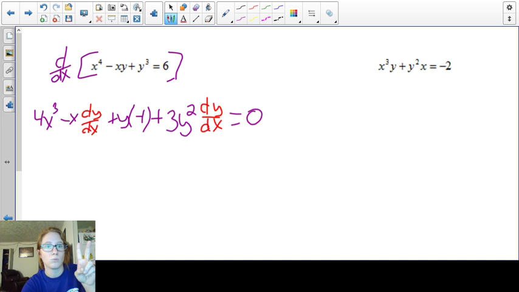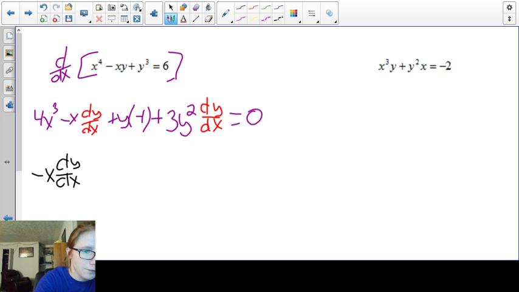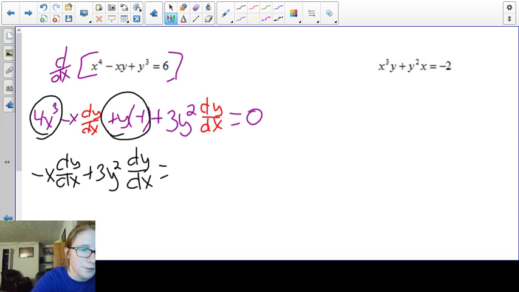Step 2, get all the dy dx's on one side and everything else on the other. So I have -x dy dx plus 3y squared dy dx is equal to, this guy's moving and this guy's moving. So minus 4x cubed. That y is originally negative because it's y times -1, so it's going to be plus y.